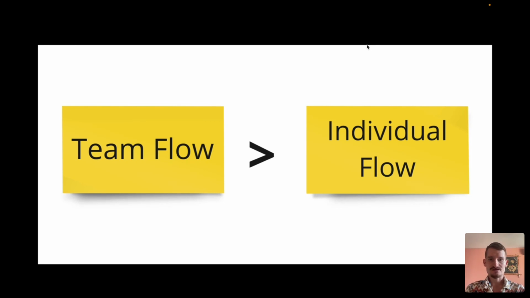And when you start getting into mobs, you start getting into a state of mind that's called team flow. It's the state of mind where the whole team produces, the whole team feels great, it's fun, it's exciting, you feel way more productive as a team instead of as an individual.